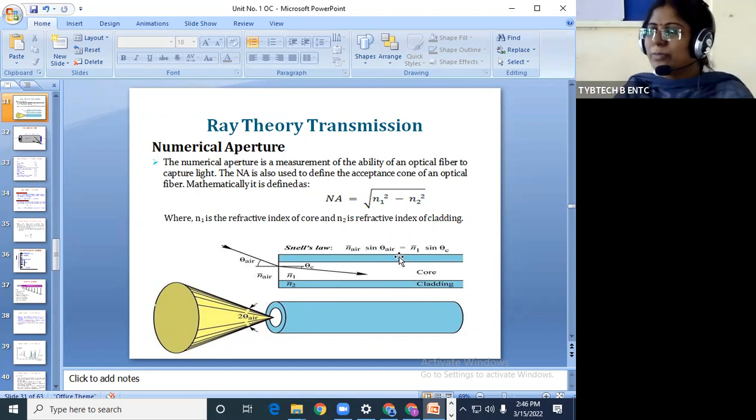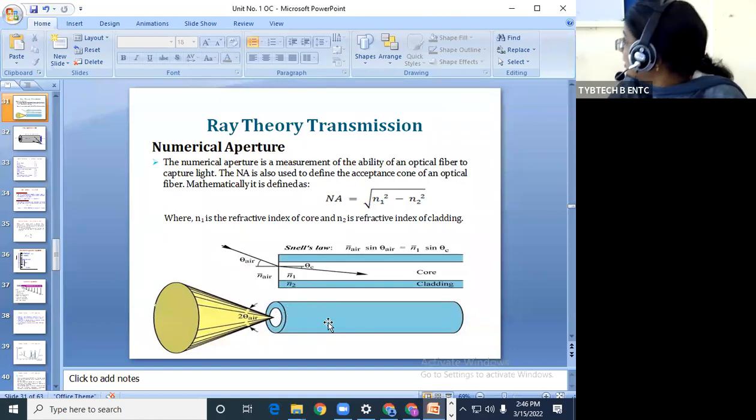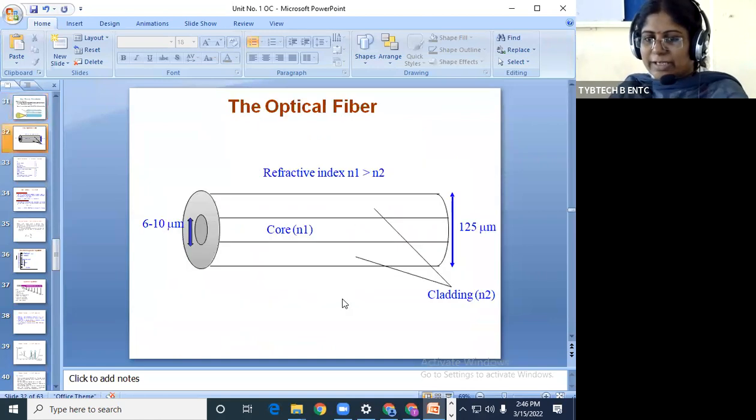That's why the side view looks like this. In the middle is the axis, the core area, then this side is cladding, this side is cladding. In this diagram, the white hollow part is the core part and this blue part stands for the cladding. This is another view.